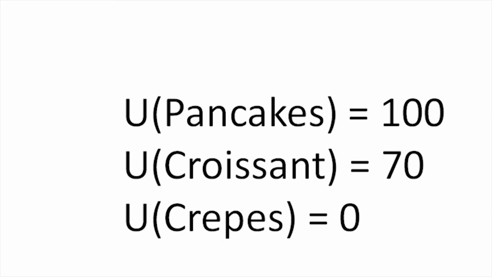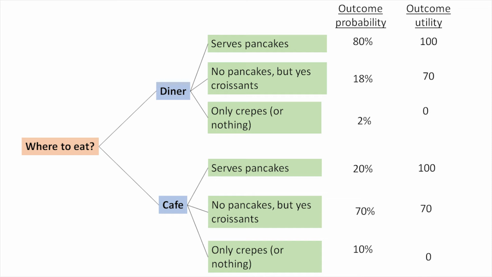Now we can use the tools of expected value and probability trees to think about complex and uncertain situations involving breakfast. For example, if I'm choosing between a cafe which may not have pancakes but probably will have croissants, and a diner which probably will have both.